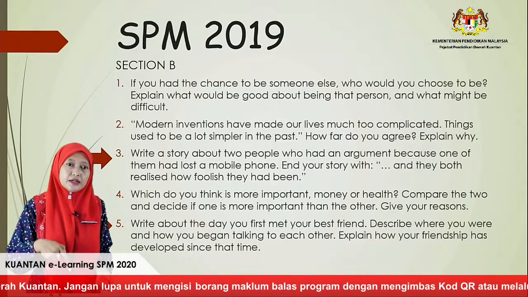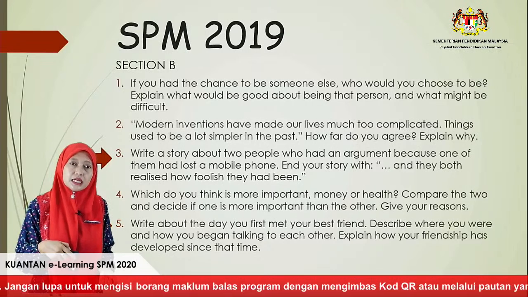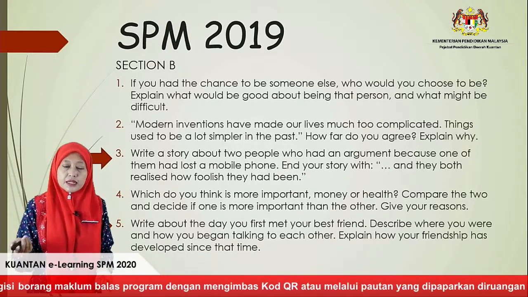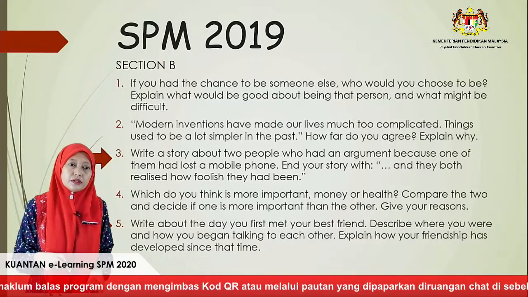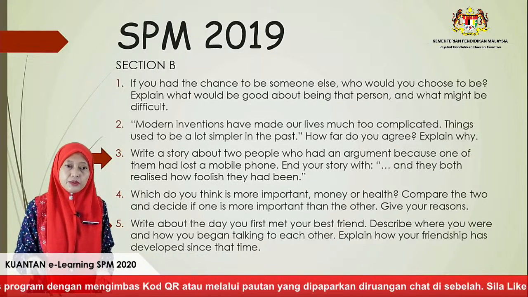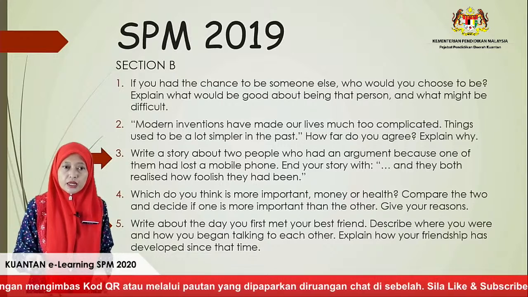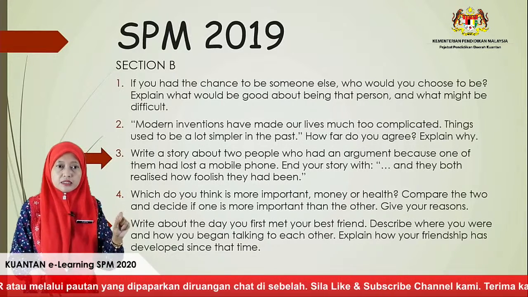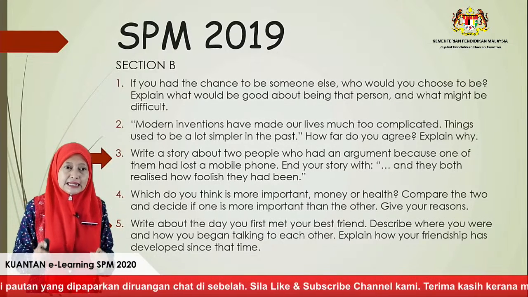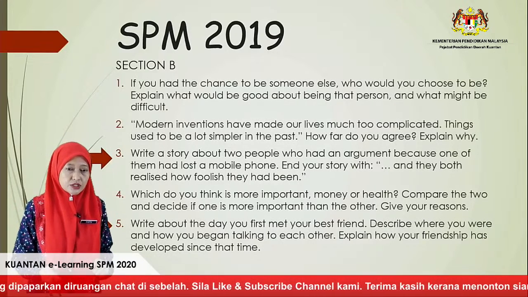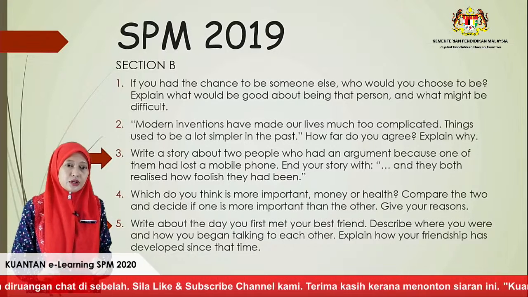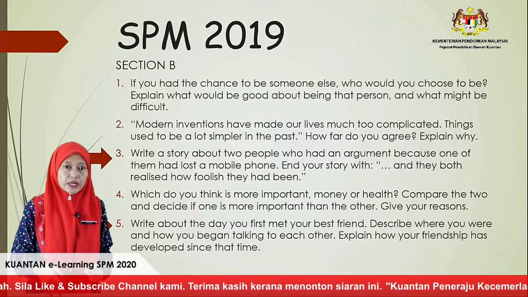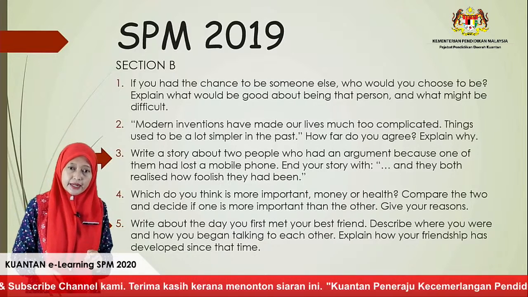Okay, so we recap our earlier SPM 2019. There are 2 questions that can be written as a story. The third one, write a story. The phrase write a story is a clear-cut instruction that you should write a story. Write a story about 2 people who had an argument.